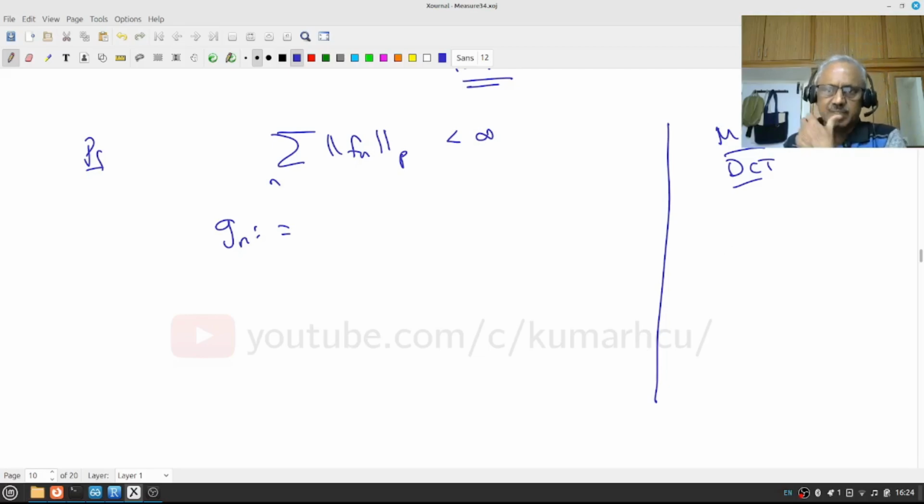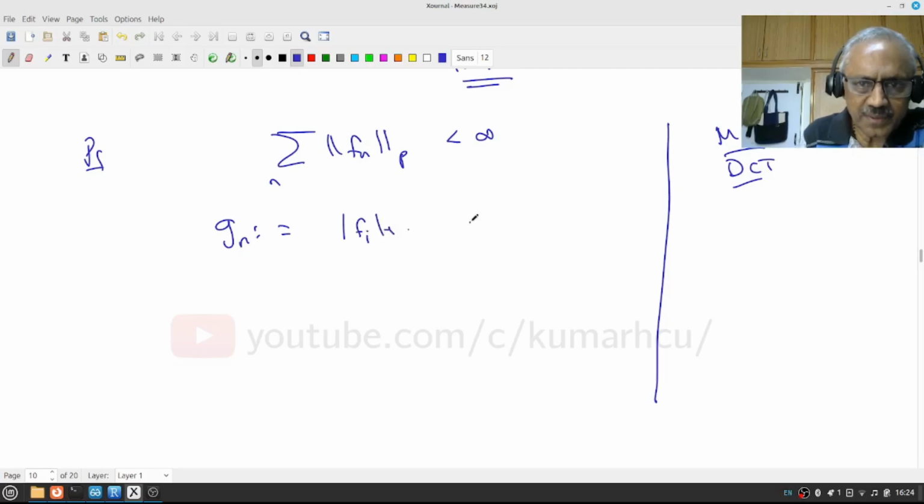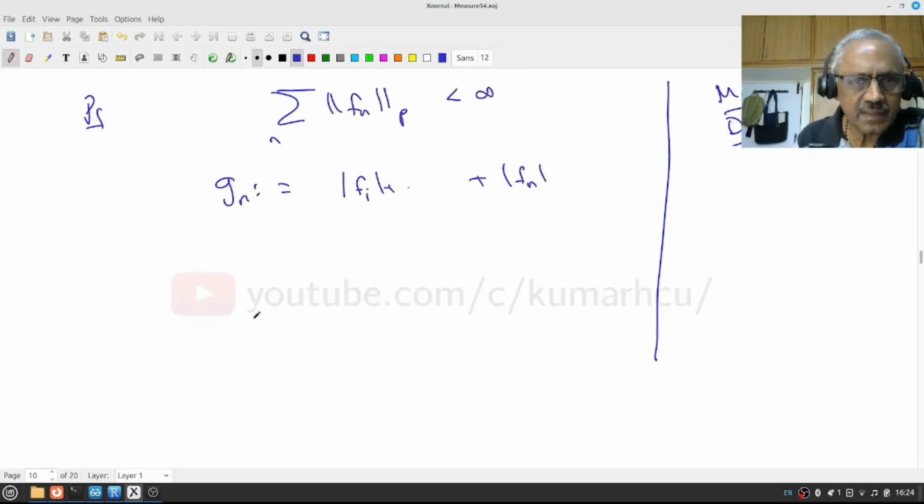When I want to use the monotone convergence theorem, I have to think of a sequence of positive functions. So the obvious thing is this one, mod f1 plus mod f2 and so on. Is that clear?